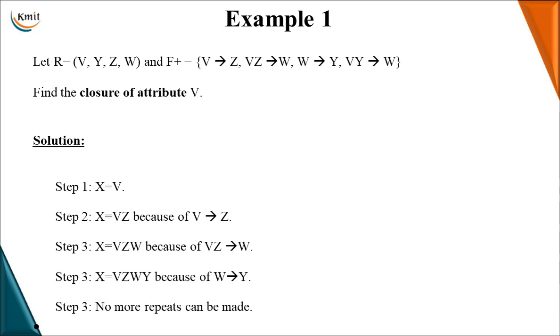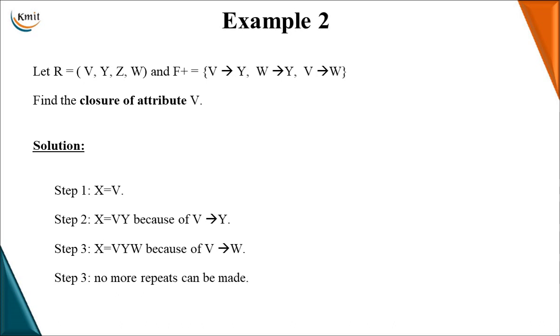Then from VZ determines W, you add W. Then W determines Y, because of which I add Y. I don't even require the other dependencies, because all the attributes are a part of V plus, and no more attributes can be added. So indirectly I am saying that V is a candidate key.